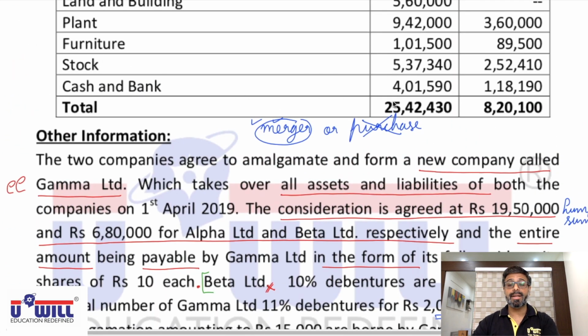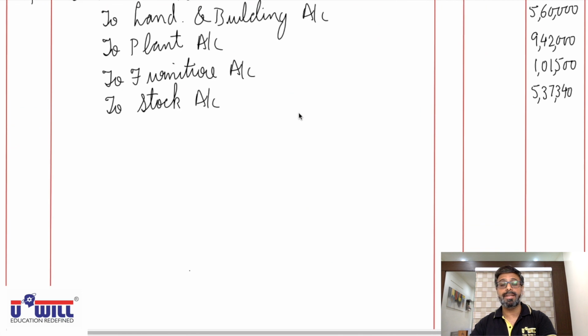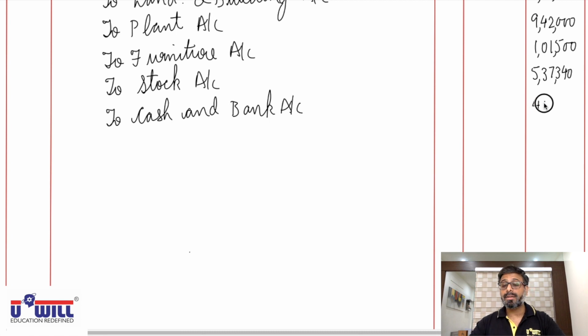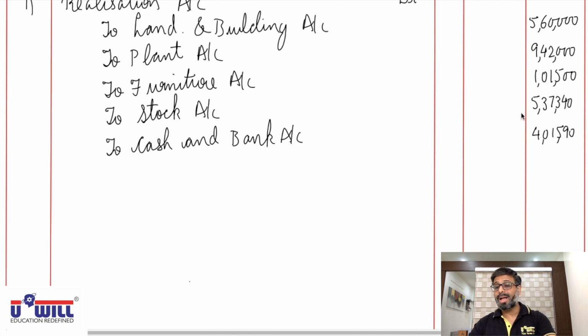To cash and bank account 4,01,590. Now all of you add it up.